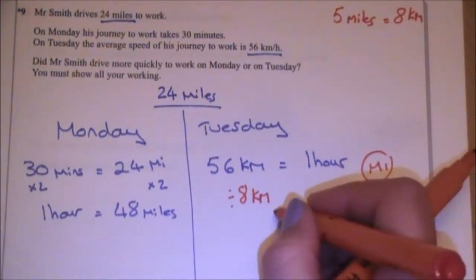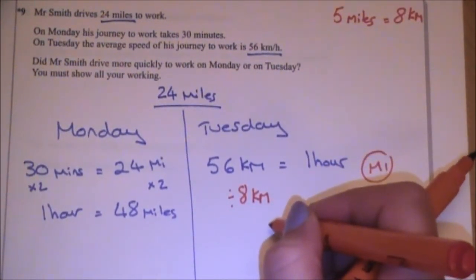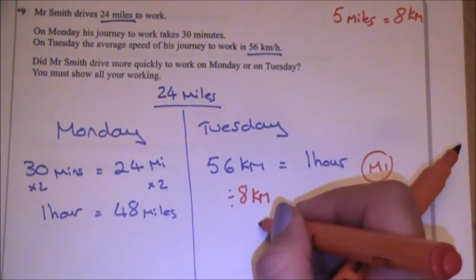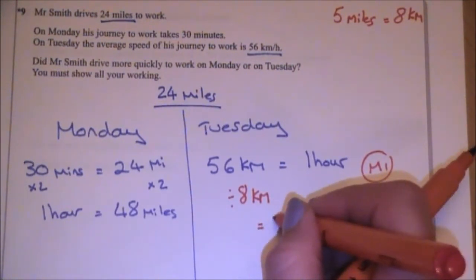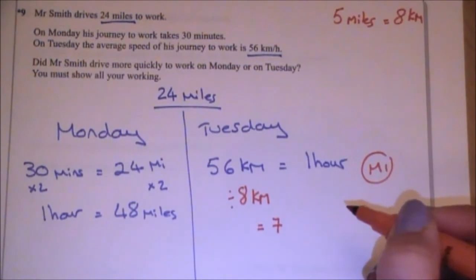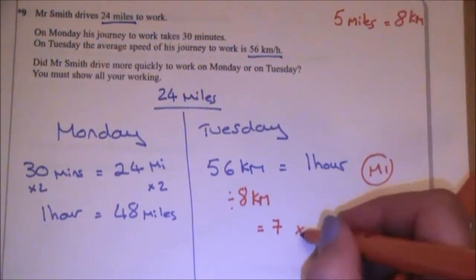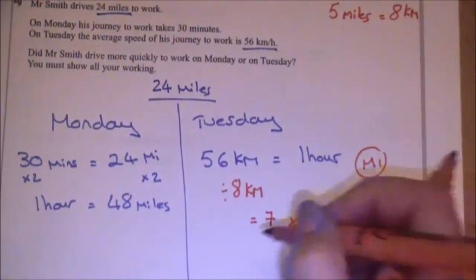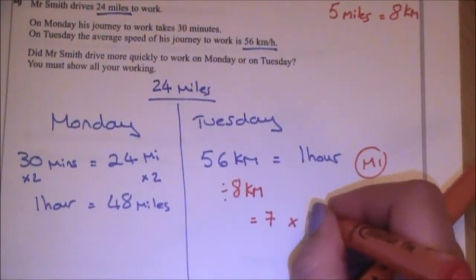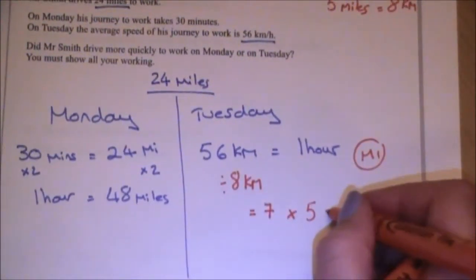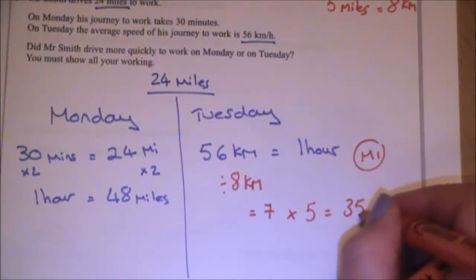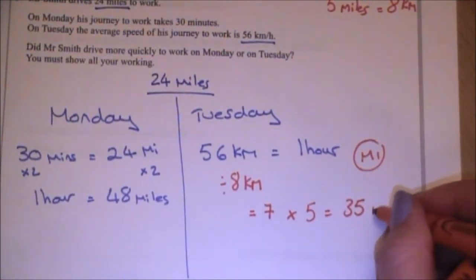So I'm going to divide it by 8, and that's going to equal 7. Then I'm going to multiply it by the 5 miles, because I want to get it back up to miles, and that's going to give me 35 miles.